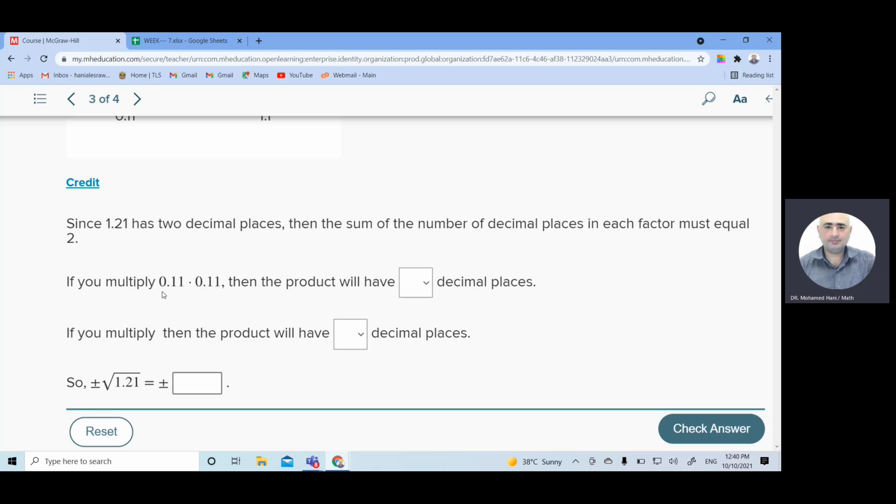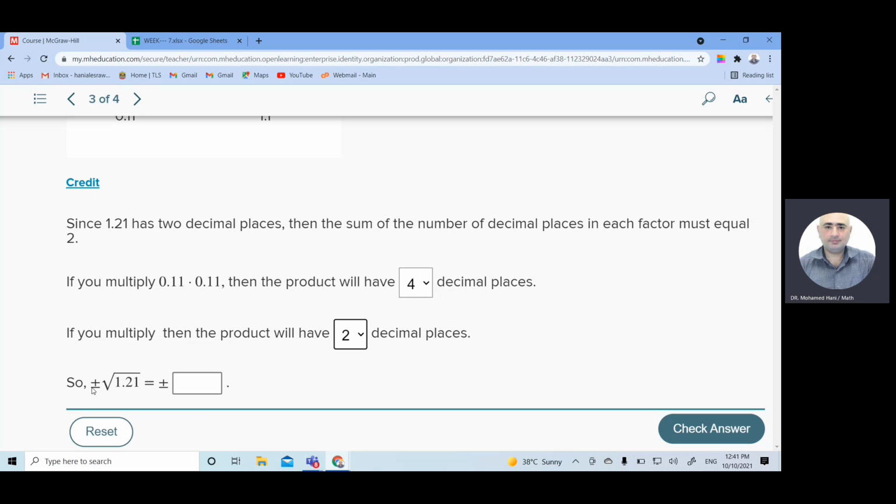So if you multiply 0.11 times 0.11, then the product will have 4 decimal places, because 2 and 2 make 4. And if you multiply 1.1 times 1.1, then the product will have 2 decimals.